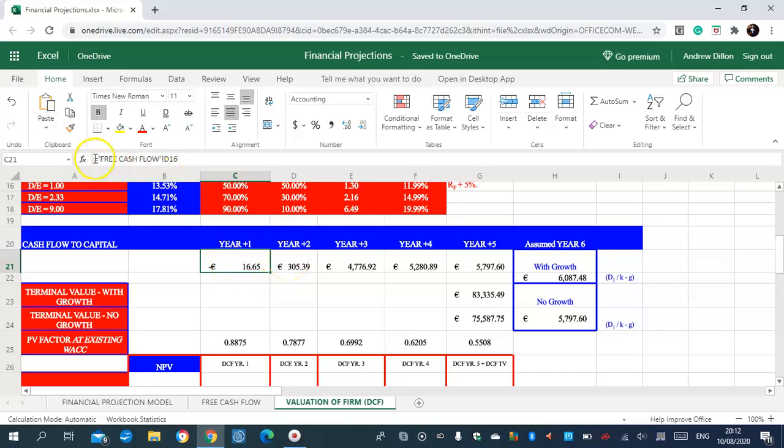Free cash flow, exclamation mark D16, E16, F16, G16, H16, equals H22 multiplied by 1 plus financial projection model exclamation mark B55, divided by bracket B13 minus financial projection model exclamation mark B55.